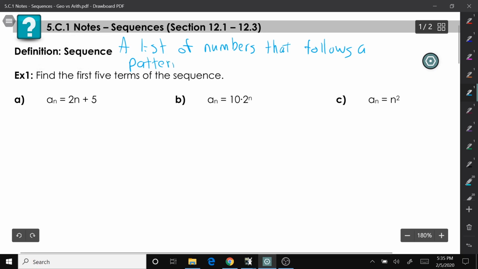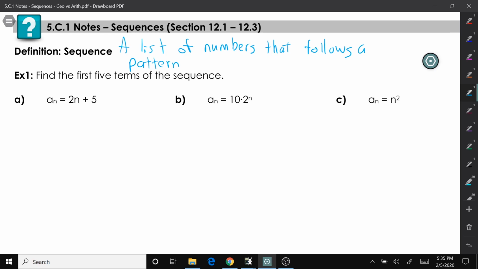This may seem confusing, and the notation does look confusing, but we've been doing stuff like this all year. Think about a linear function: we're adding 5 each time. That is a pattern. Our exponential functions, if we're multiplying the previous number by 2, that is also a pattern. So it's things that we've been doing all year, just a different name for it.